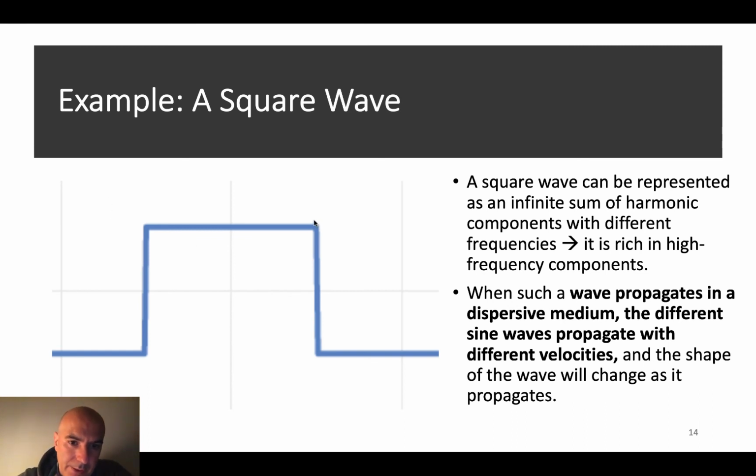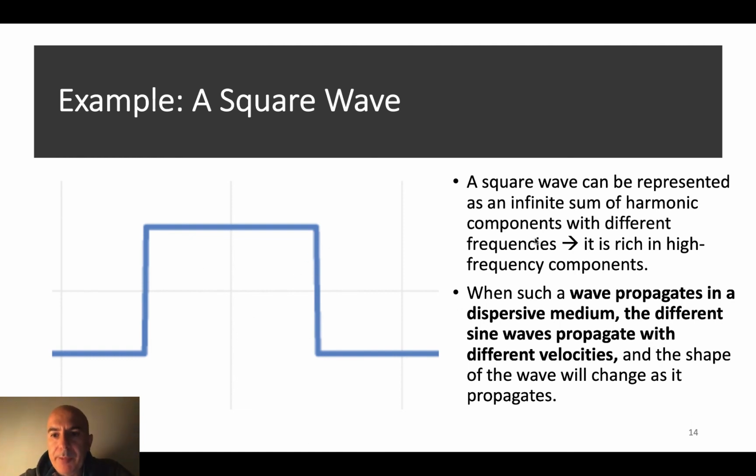Especially at this part here, which is almost like a discontinuity, we will have an infinite number of sine harmonic components to describe it. So the square wave is very rich in high frequency components to describe these discontinuities.